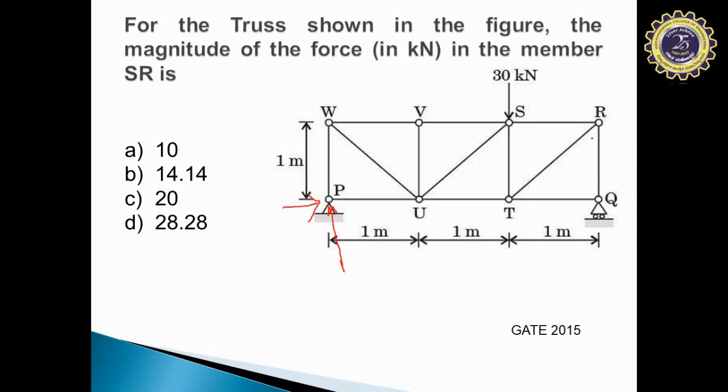Now since there is no horizontal force on the truss, this force will be 0. So you are left with only the vertical force.